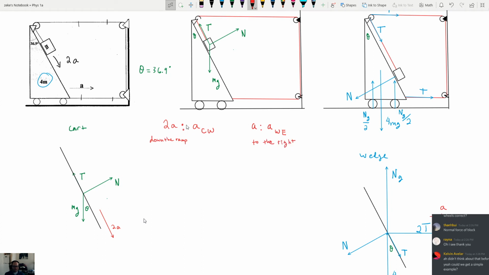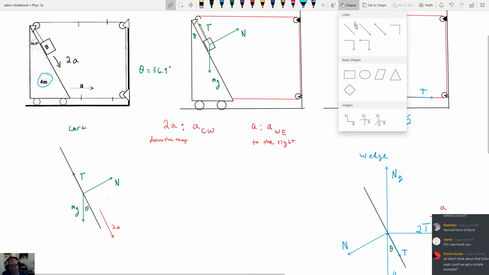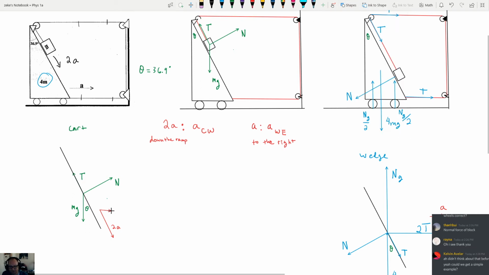I technically have to add these two accelerations to each other, and they're not in the same direction. The acceleration of the wedge relative to the Earth points to the right like that, and the acceleration of the cart relative to the wedge goes down the ramp like this. So I need to vector add them. What I need is another vector that points this way. Because not only is the cart going to accelerate down the ramp this way, but it's also moving to the right, right?